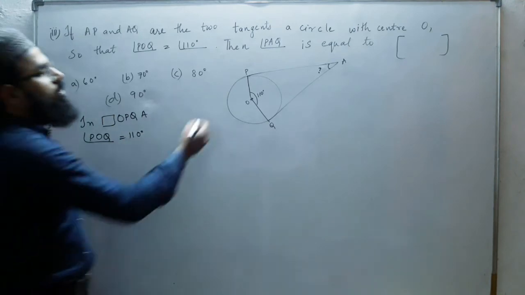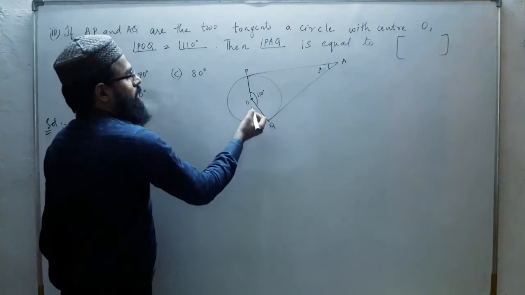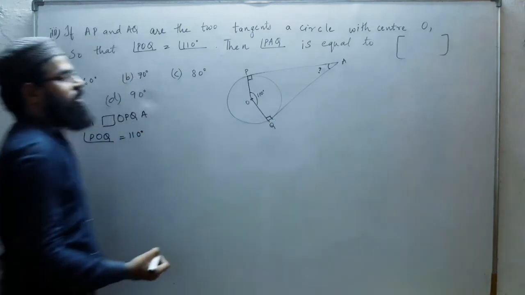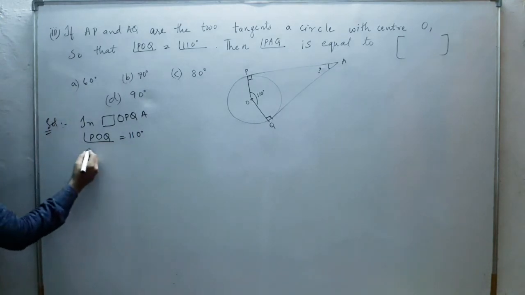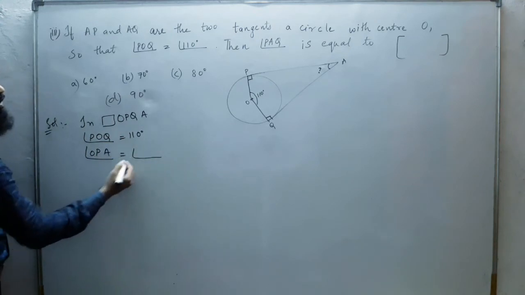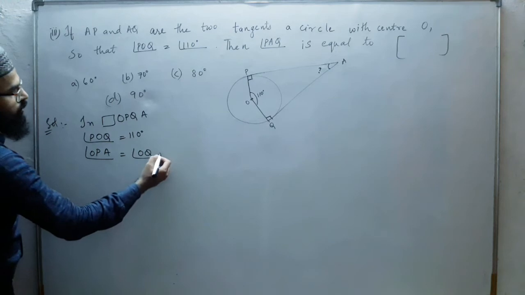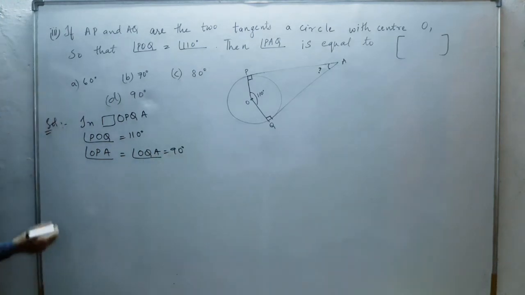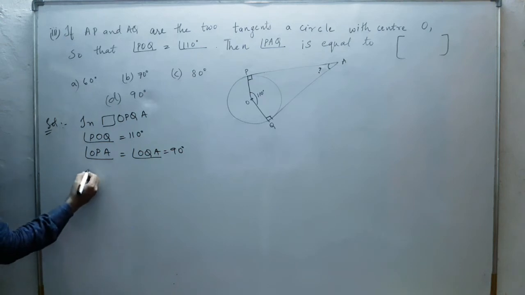We know radius and tangent both are perpendicular to each other. That means they are 90 degrees. So angle OPA is equals to angle OQA is equals to 90 degrees. Next, sum of all angles.